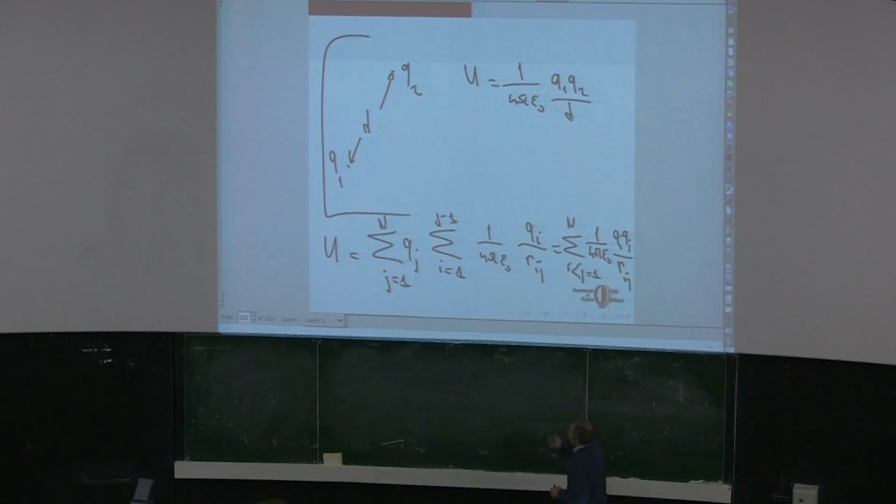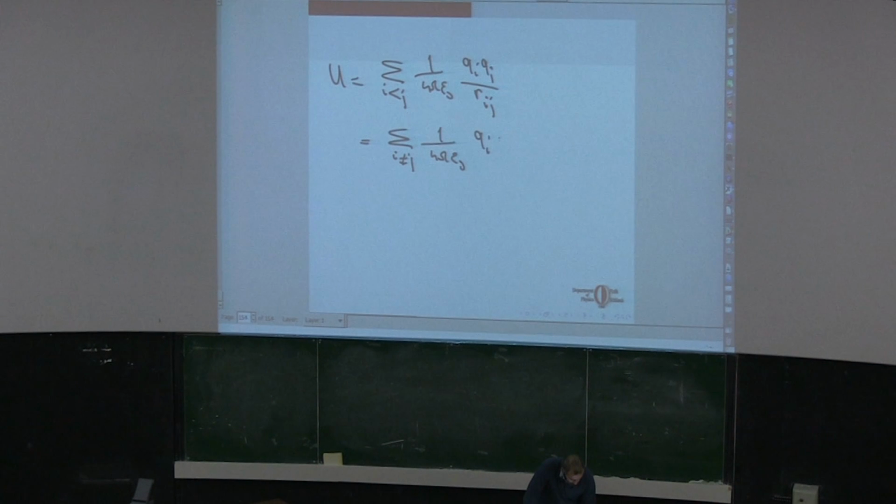Now you can convert it a bit further. You can write U is equal to the sum over i less than j of 1 over 4 pi epsilon 0. Well, this is also equal to the sum over all i and j different, not necessarily smaller, not necessarily larger, 1 over 4 pi epsilon 0, qi, qj divided by Rij with a factor 1/2.